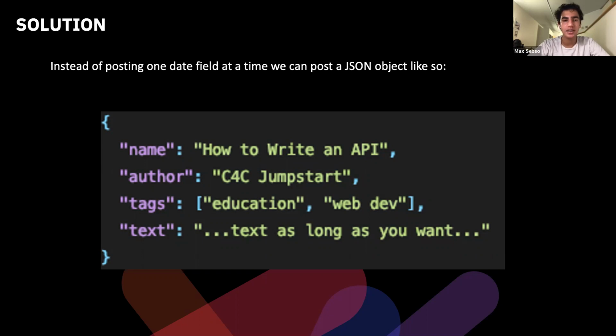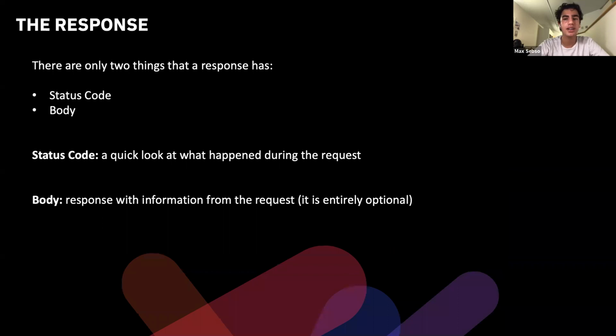The second part is a lot simpler because it's the response, and the response consists of two things: the status code of the response and the body of the response. A status code is a quick look at what happened during the request.